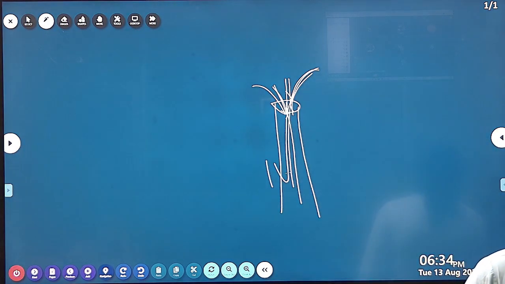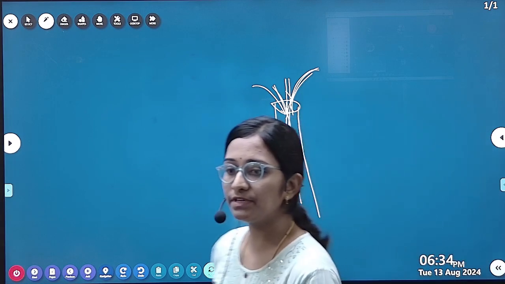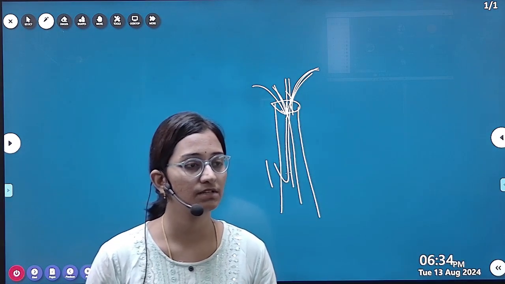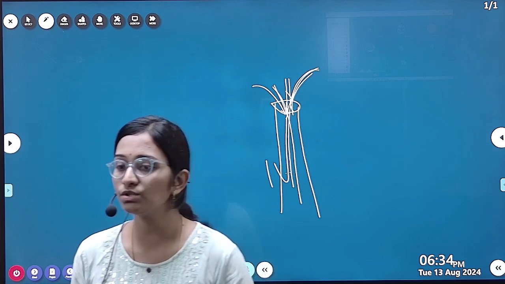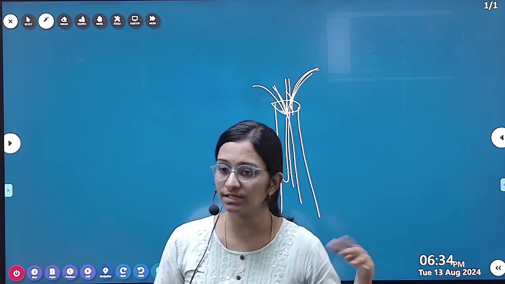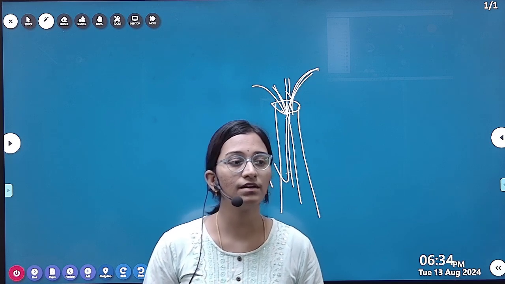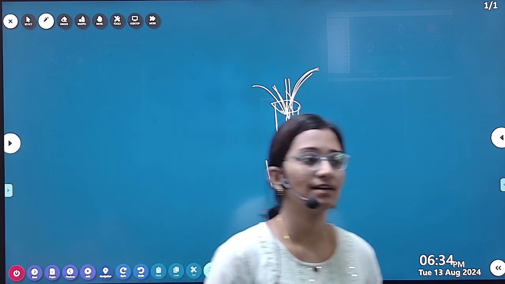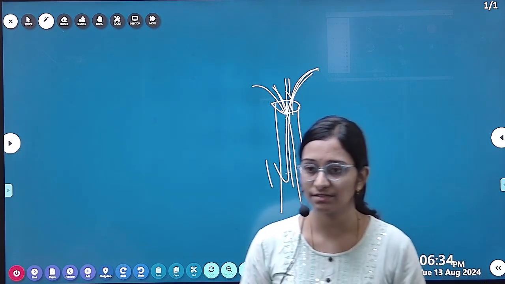Next, changing needs and preferences of the customer. Previously, our mothers and grandmothers used to wear sarees. Now we are going with the trends like jeans, salwar, something, right?